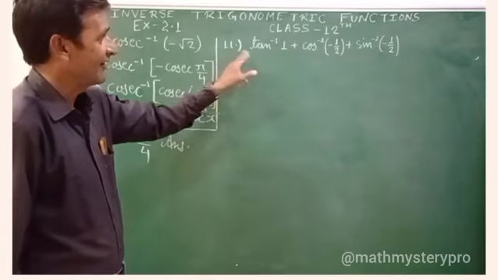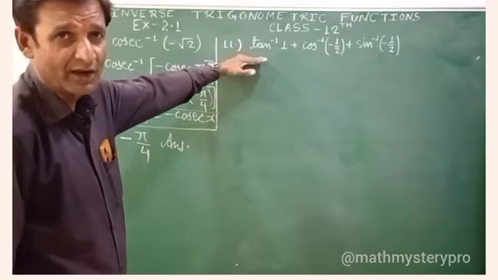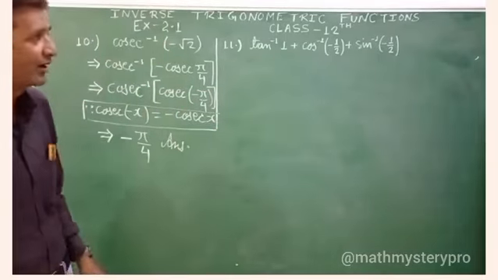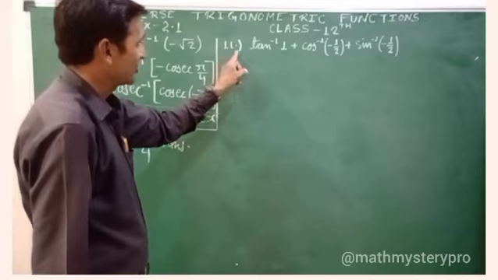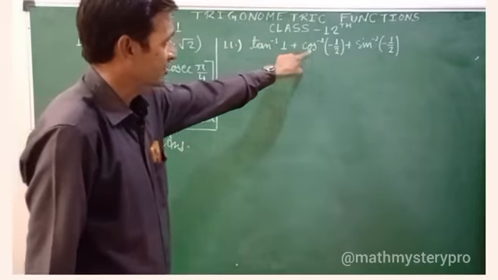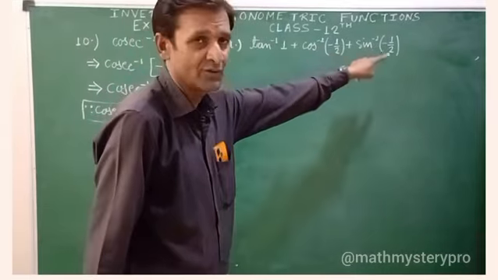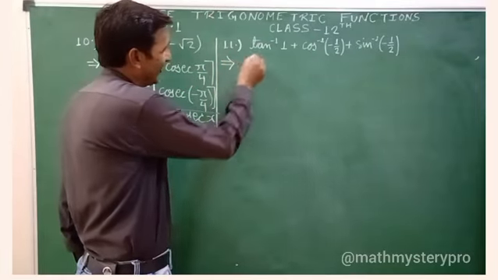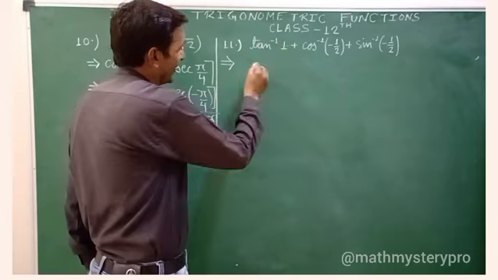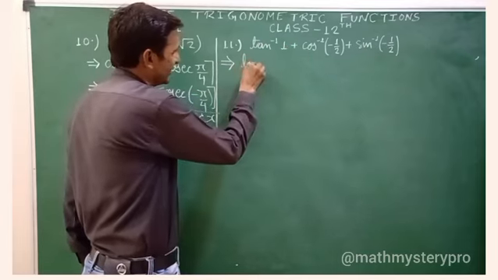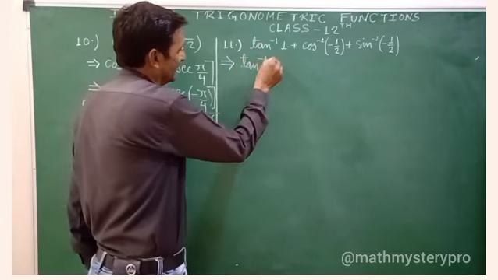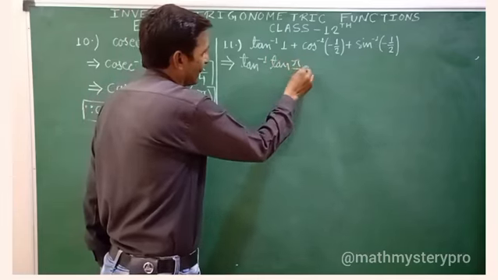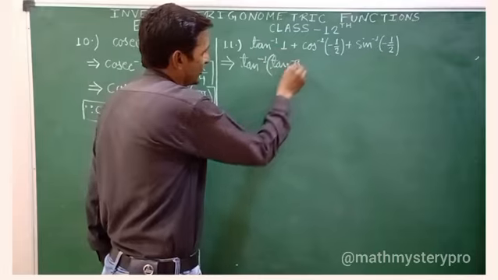Now see question 11. In the 11th and 12th questions we have to find the values. The question is tan inverse 1 plus cos inverse minus 1 by 2 plus sin inverse minus 1 by 2. You know very well that tan inverse 1 we can write as tan inverse tan pi by 4, because tan 45 degree value is 1.